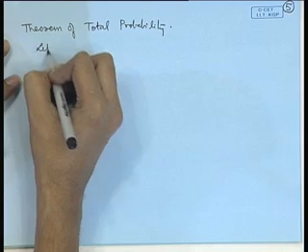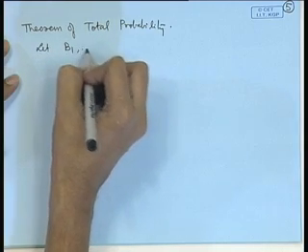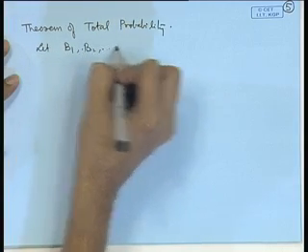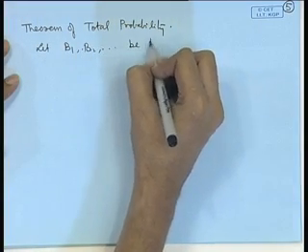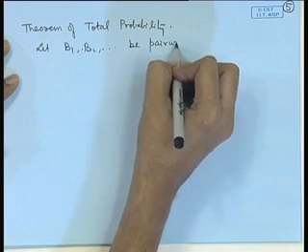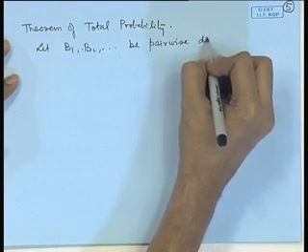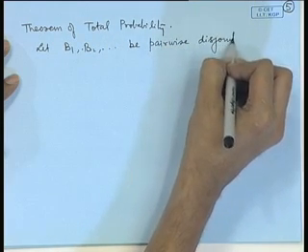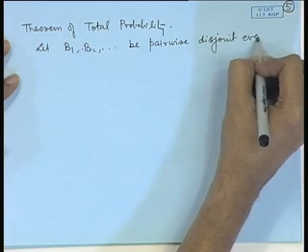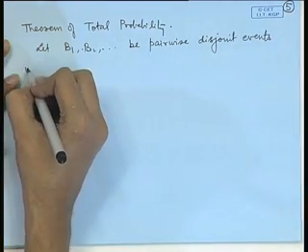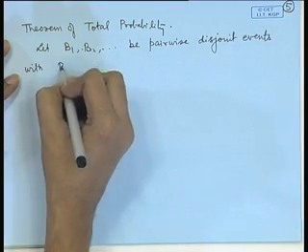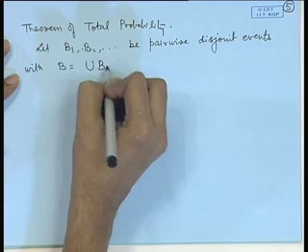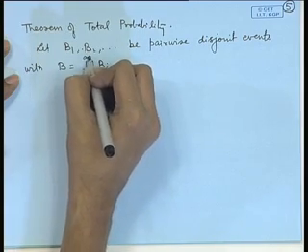So, let B1, B2 etc. be pairwise disjoint, that means mutually exclusive events, with B equal to the union of Bi, i equal to 1 to infinity.